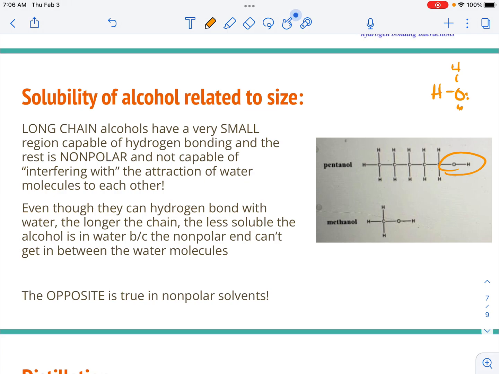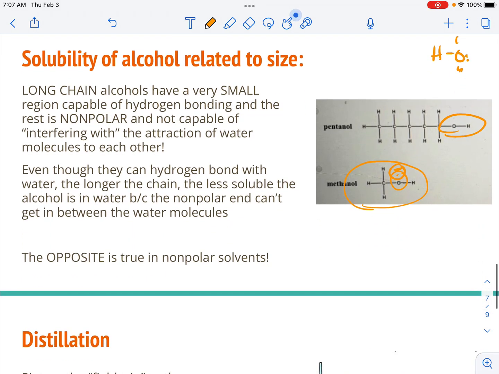And so this should be easy for them to dissolve in each other. Methanol will be very soluble in water because it's small, and so overall the molecule is really polar. That this would be your hydrogen bonding negative part here, and then this nonpolar portion of this CH3 actually is pretty small, right?